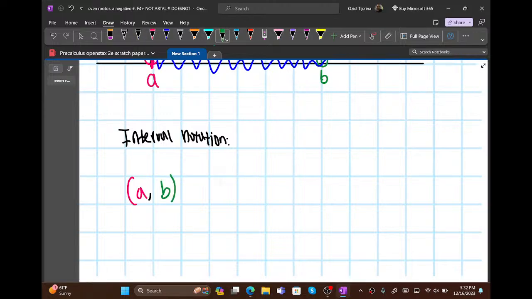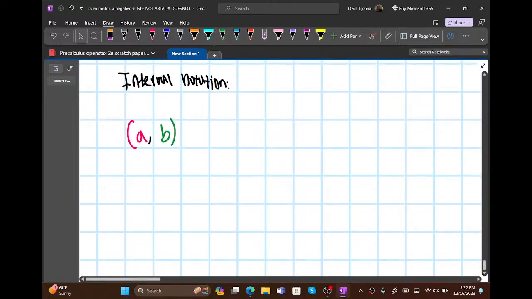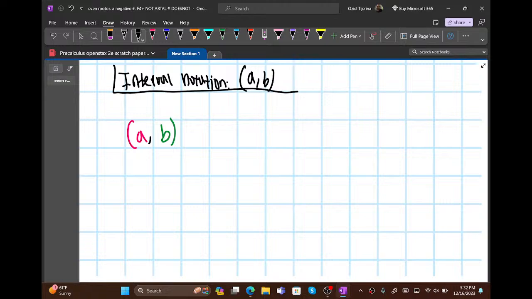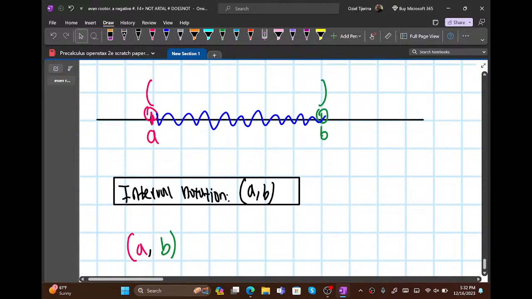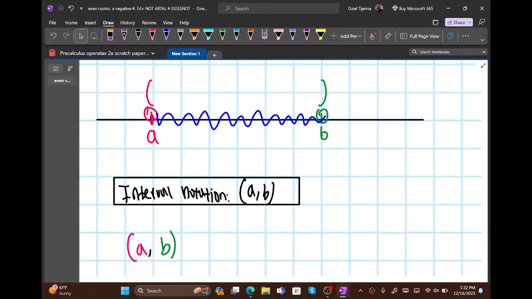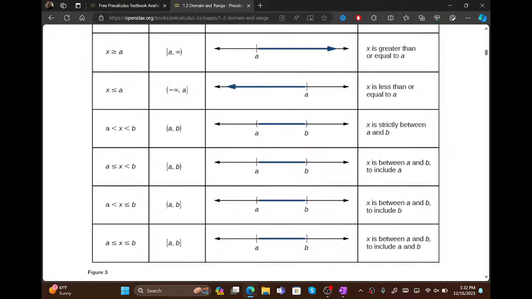We must remember that for calculus, guys. It's very important. So that would be the interval notation, in other words, just a, comma, b. I don't think set builder notation is as important. It is mentioned, but if they do mention it in the book, I will go over it.